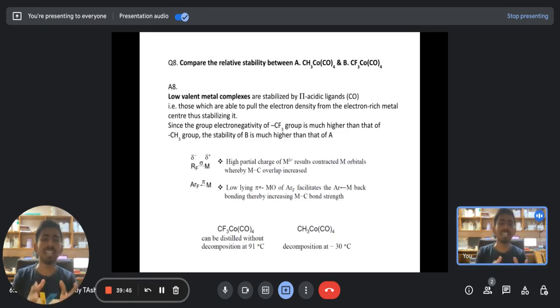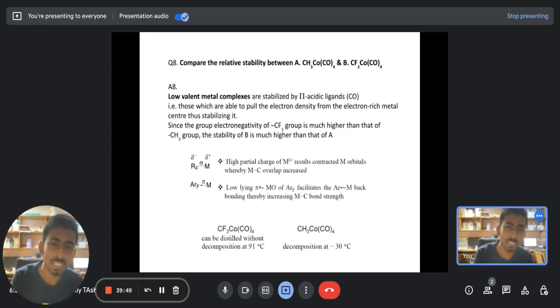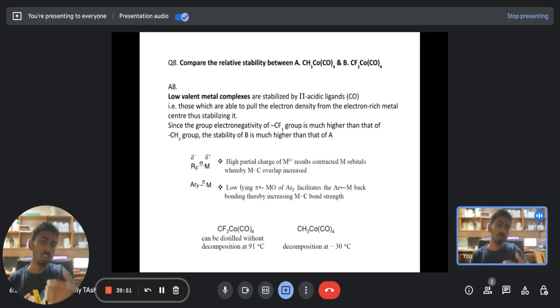So there are some pi acidic ligands, like CO or NO plus or cyanide. These are the ligands which are called pi acidic ligands, because they are able to pull the electron density from the electron rich metal center. So the electron density on the metal center gets reduced, and that's why the metal complexes get stabilized.